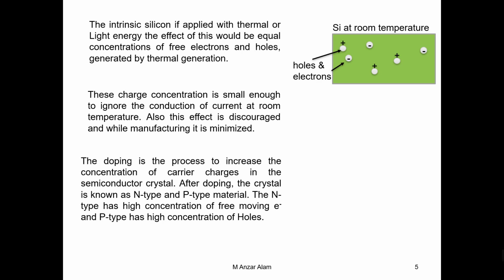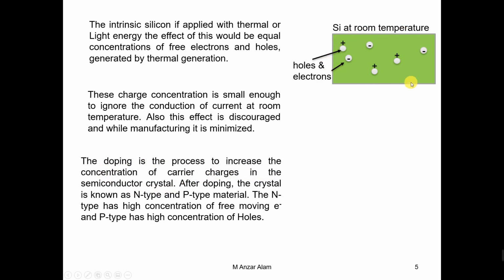Okay, so now the question is how we can make this silicon structure a conductor, how we can change its property. We already have studied doping. Doping is the process to increase the concentration of carrier charges in the semiconductor crystal. Instead, during the manufacturing process, we try to minimize the natural carriers because it's not a good sign.